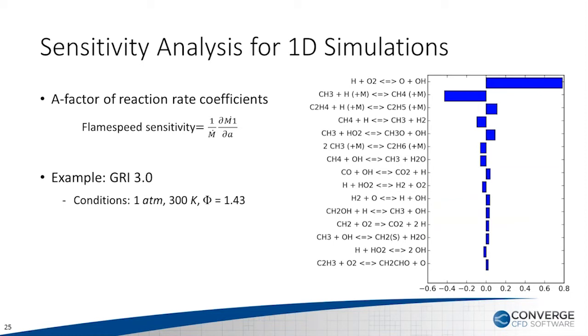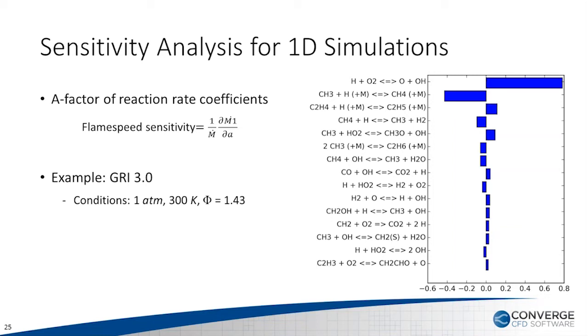For 1D simulation sensitivity analysis, basically we are doing sensitivity on A factors. The A factor, when you recall the Arrhenius form, is the first factor in the equation. It's called the reaction rate coefficient.